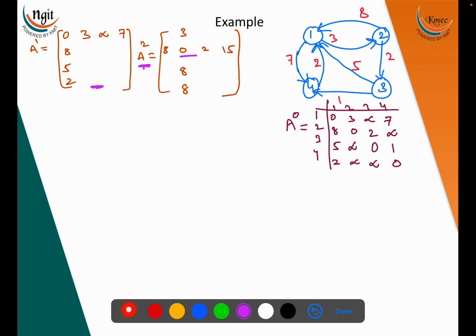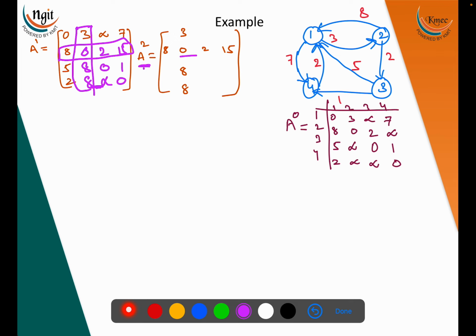So what is the A1? Just now we got, those values you have to make a note of: 8 0 1 and 8 infinite 0. So from this we will take only the second column and second row values for the A2 matrix.